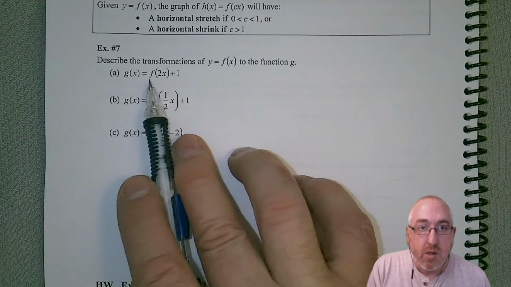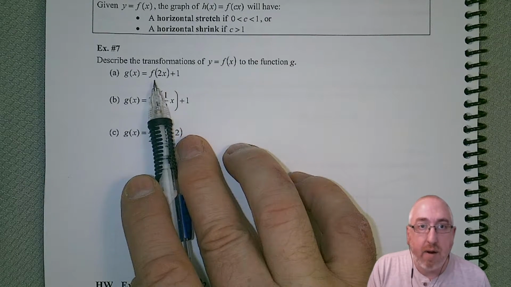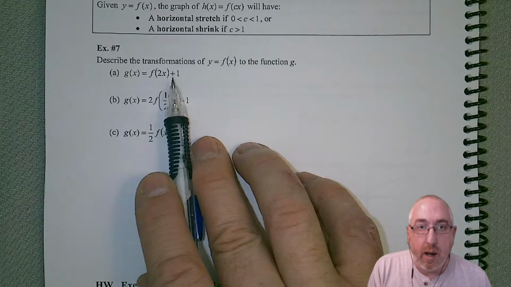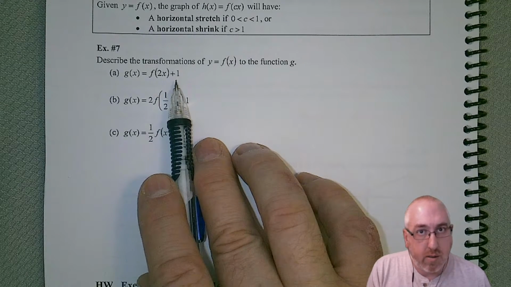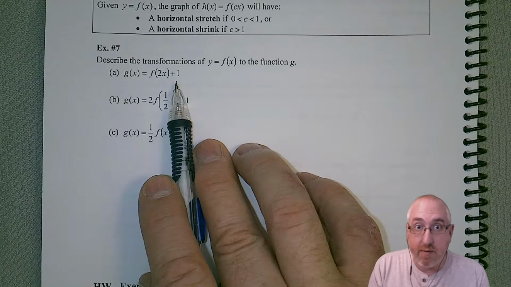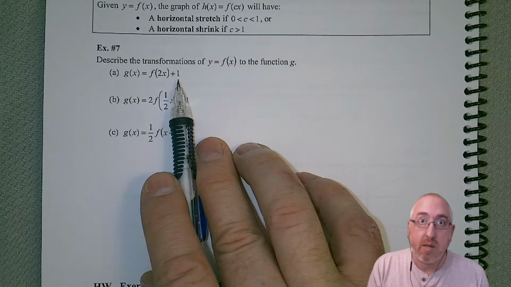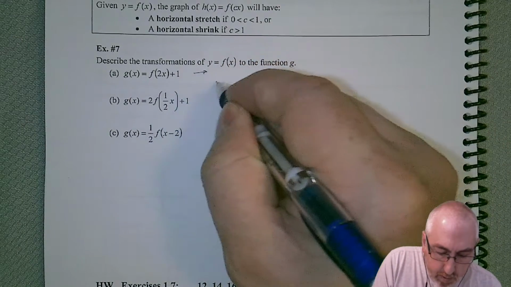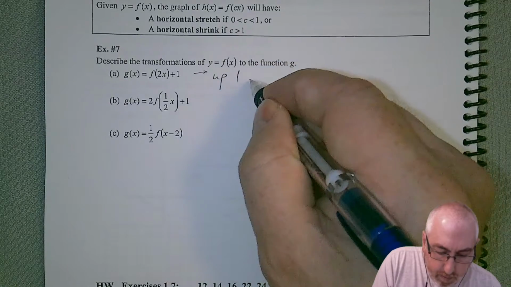function here, we have g of x equals f of 2x plus 1. Now we should automatically know what the plus 1 does because it's at the end of the function. It causes a vertical shift, and because it's plus 1, it's going to be shifted up 1. So this is going to be up 1.